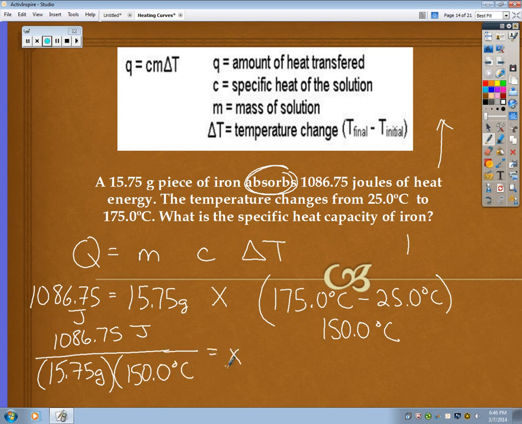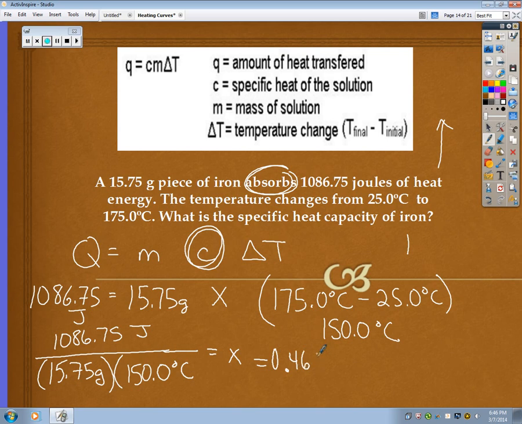And that's going to give you your x, which is specific heat. That's what you're trying to find. And what do you get when you do that? 0.46. You write 0.46 if you'd like to.